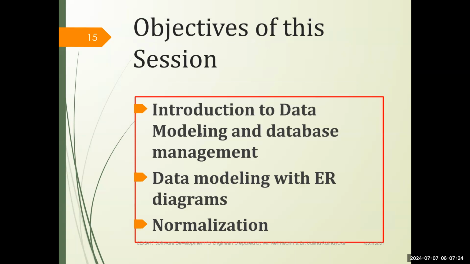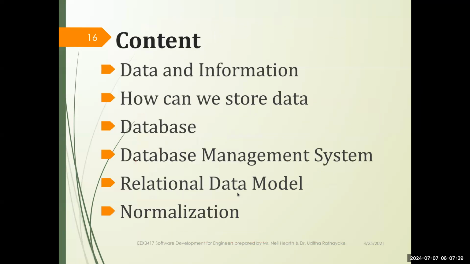Data modeling. Introduction to data modeling and database management. Data modeling is the ER diagram. I will explain later what an ER diagram is. Then normalization. Content, data and information. Actually, these are all given in book 2.